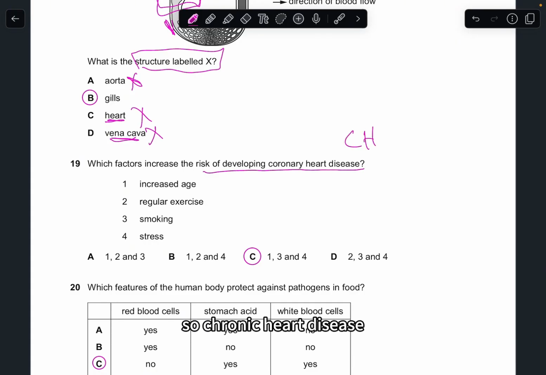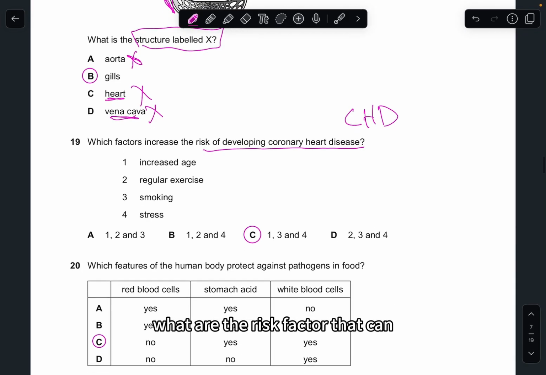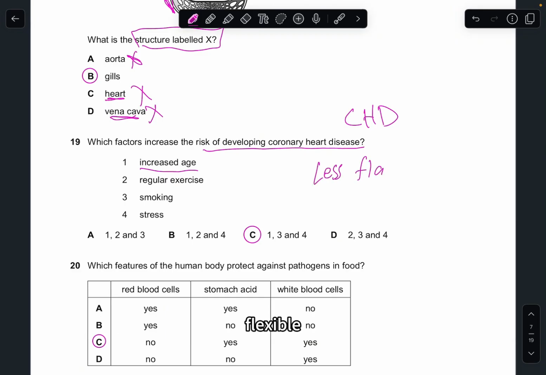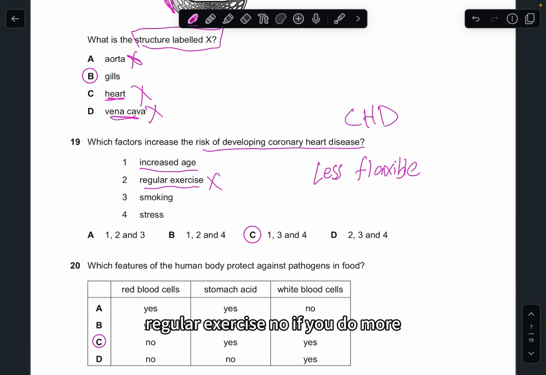Coronary heart disease, what are the risk factors that can increase the risk? Increasing age, yes, as we grow older, the blood vessels become less flexible. Regular exercise, no. If you do more regular exercise, you keep yourself fit. Smoking, yes. Stress, yes. So 1, 3, and 4.